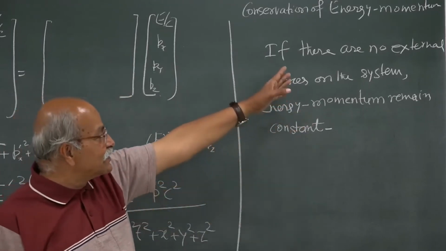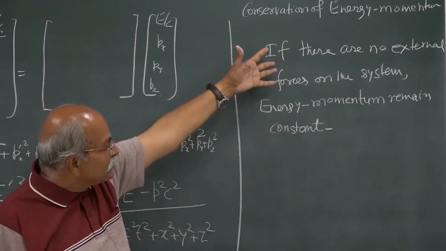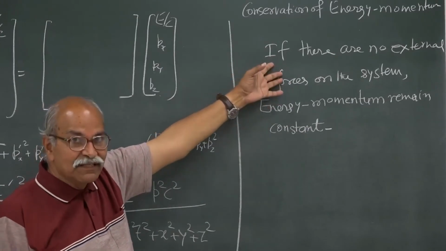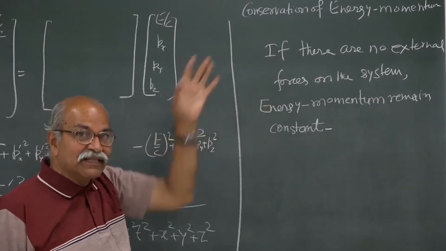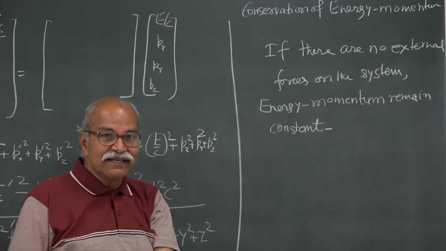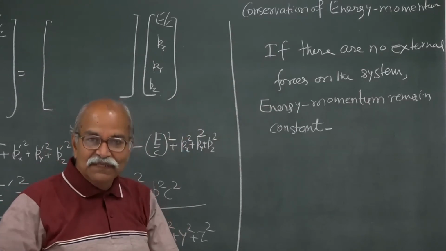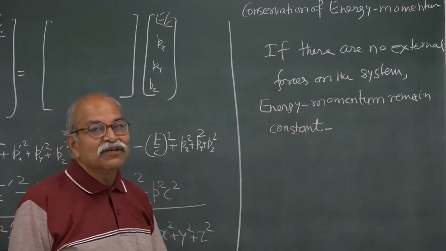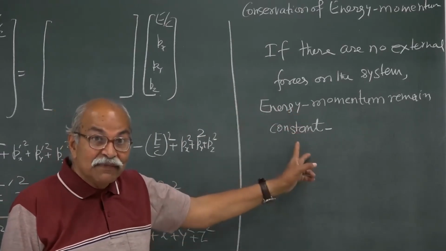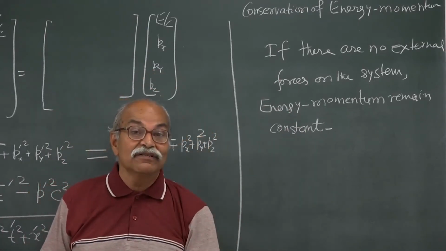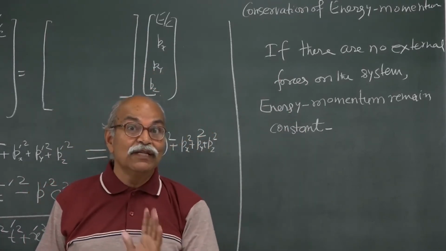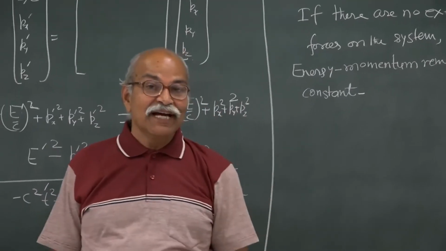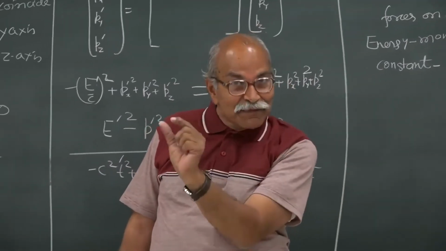And here it is as a function of time. Some interaction is taking place within the system, not from external forces. Because of that, configurations are changing, and we say that in all those situations this energy-momentum remains constant. And remains constant means all four components remain constant. In usual Newtonian mechanics, when I say linear momentum is conserved, I mean that px is separately conserved.